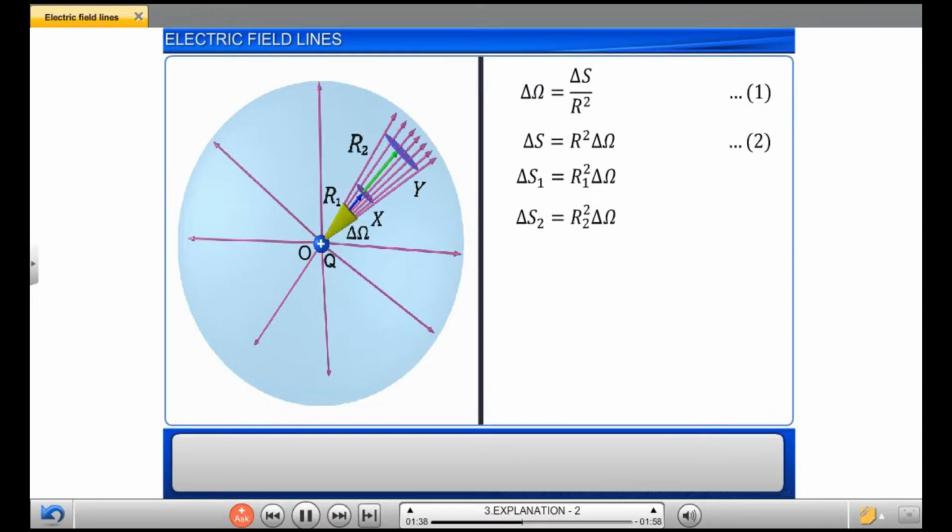The number of field lines, say n, passing normal to delta S1 and delta S2 is also the same.